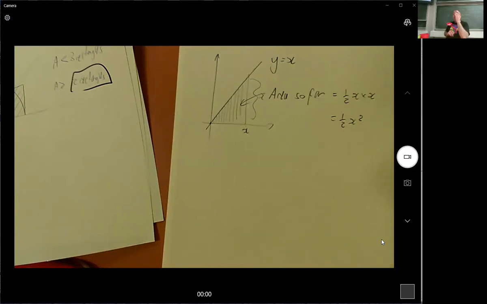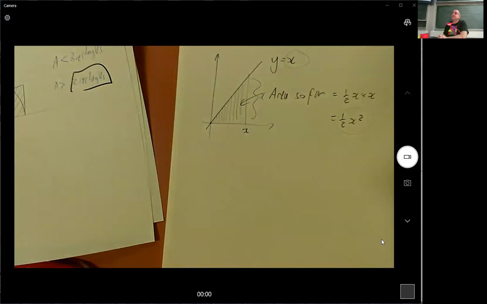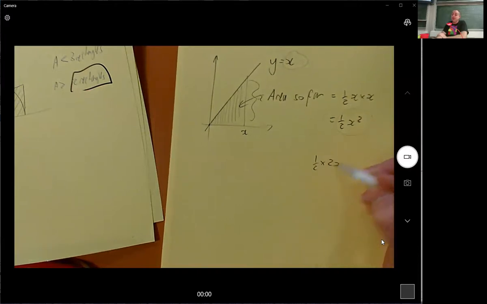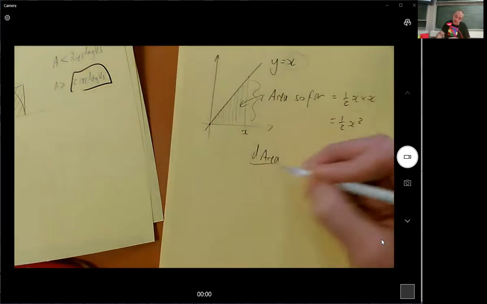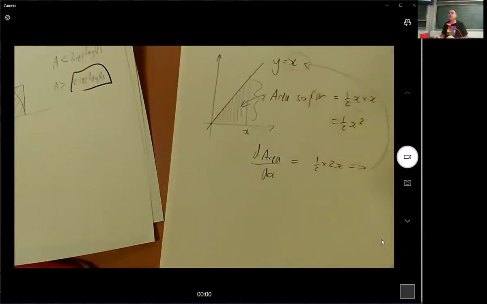And what Newton noticed is that the derivative of this is that. When you do the derivative of half of x squared, you get a half times 2x, which is x. So the derivative of the area comes out to this, which is what I started with as my function.